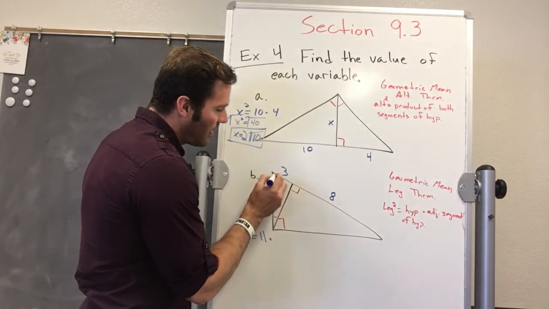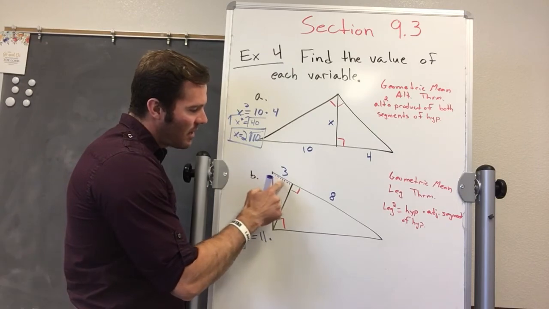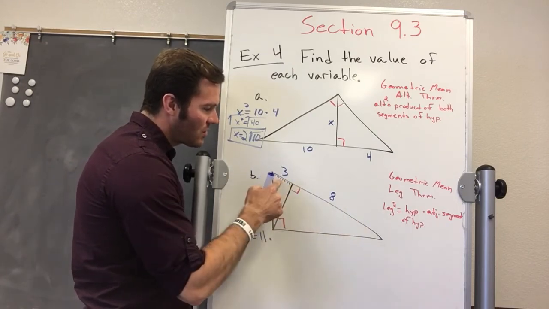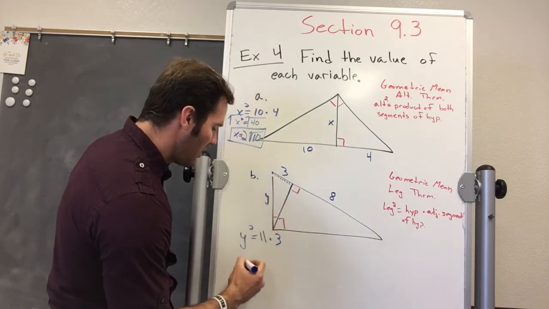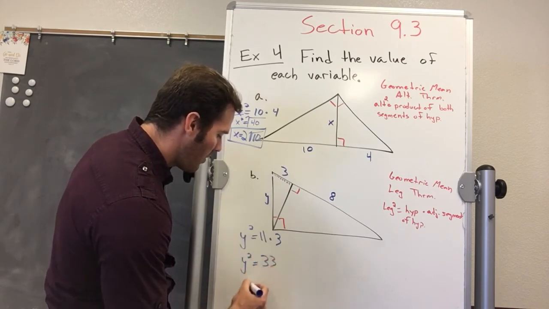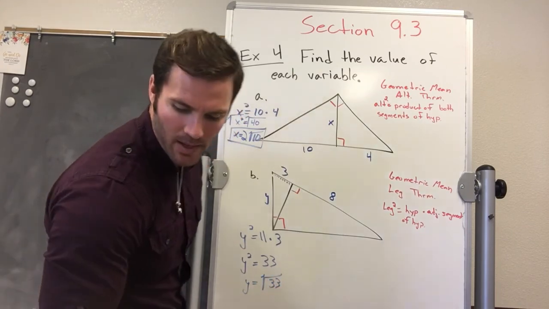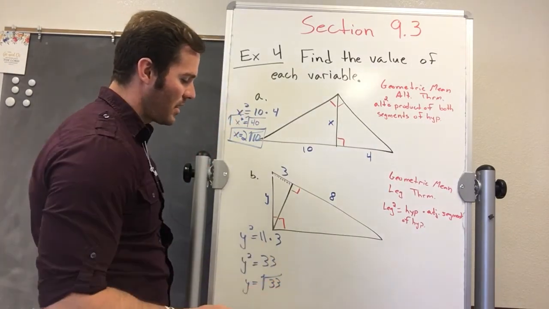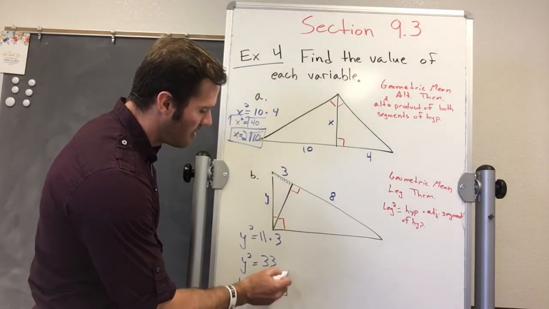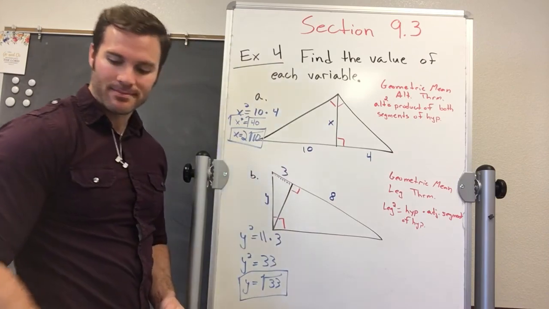This segment right here is the one that's adjacent to the leg, and it's part of the hypotenuse, so I'm going to use that. So y squared equals 33, y equals square root of 33, and 33 doesn't break down, so there's my answer.